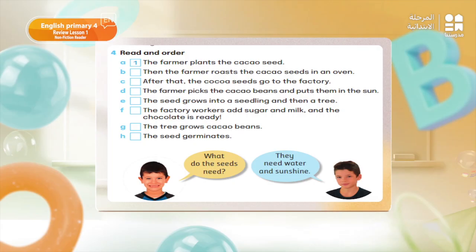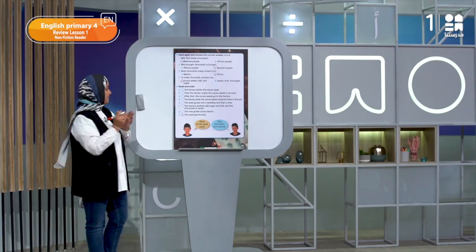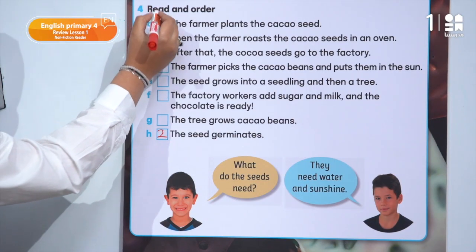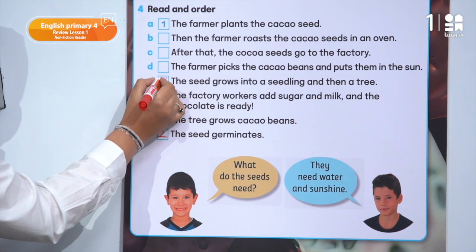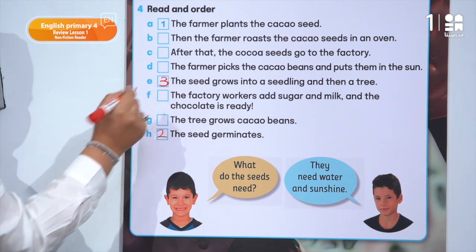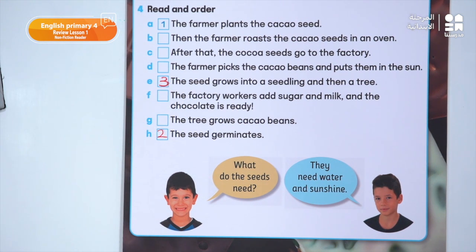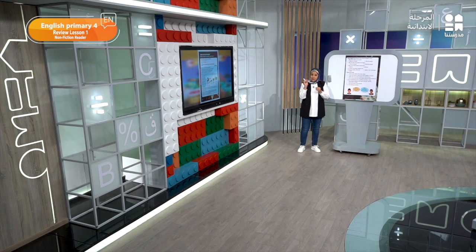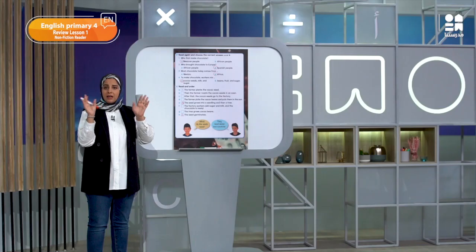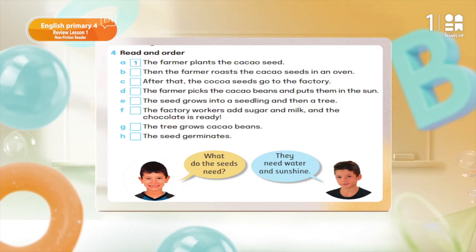Number 3. Which sentence will be number 3? Very good. E. So number 3 is E. The seed grows into a seedling and then a tree. بتبتدي السيد تكبر لسيدلينج يعني like a shoot or before being a shoot and then it will be a tree.